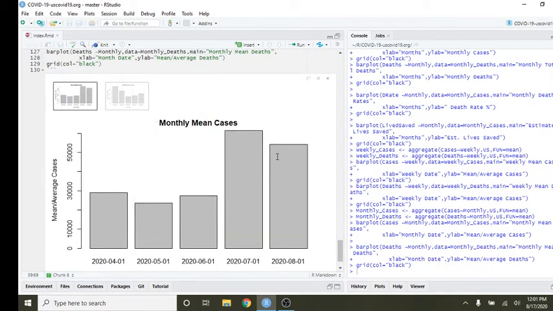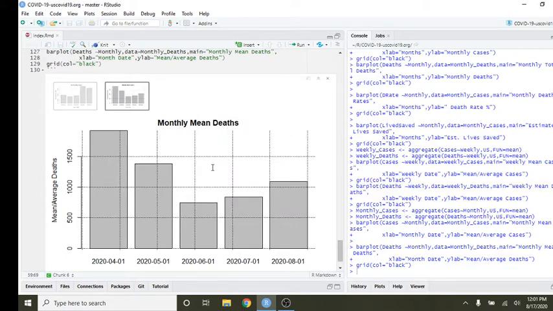Cases, you can see the cases are down a little bit from last week. Here's the spike before. And finally, the average deaths per month. You can see that so far this month, we have exceeded the total for July, but we haven't come close to matching either April or May.